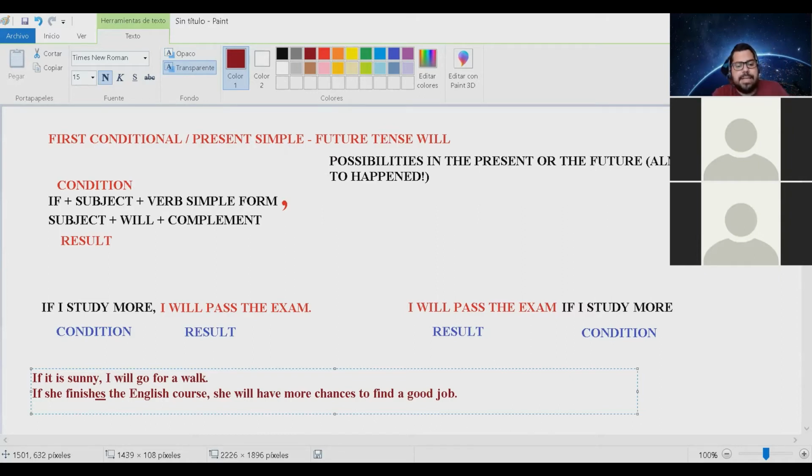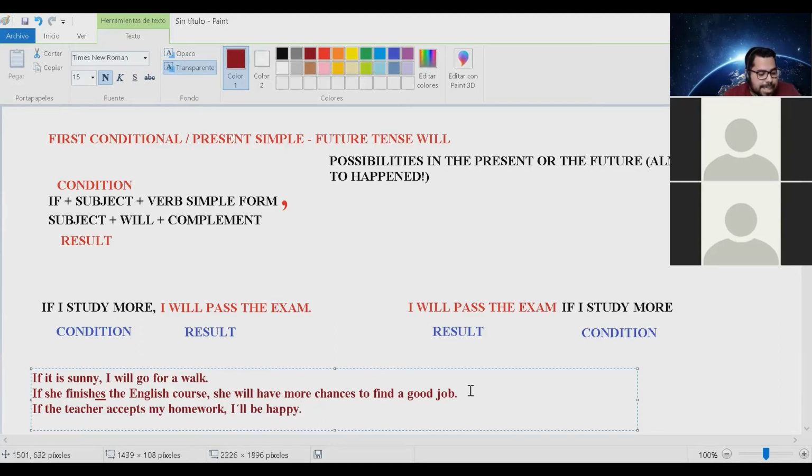For example, guys, let's take a look at this one. I'm going to invent: if the teacher accepts my homework, I'll be happy. Remember that we can use the contraction I'll. So look at this, guys.